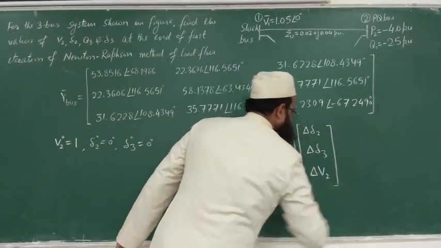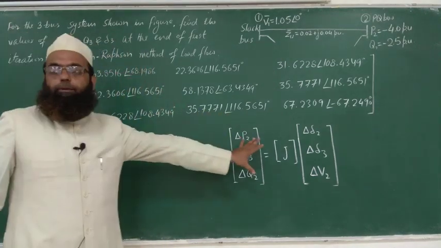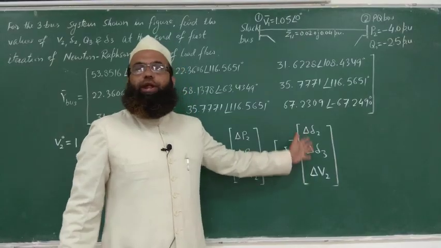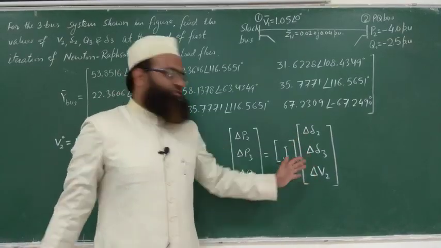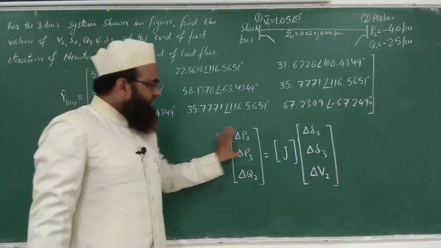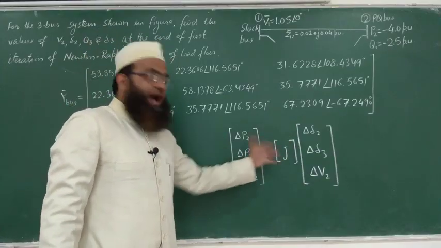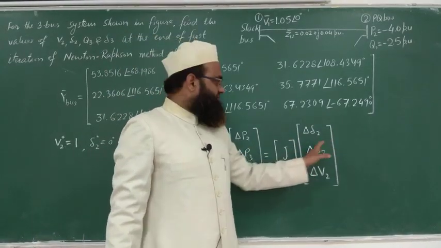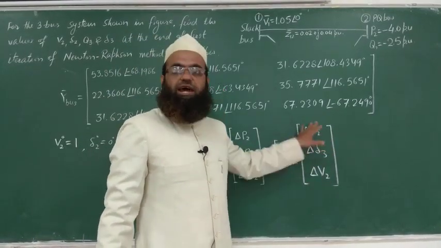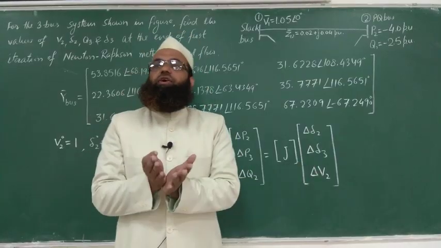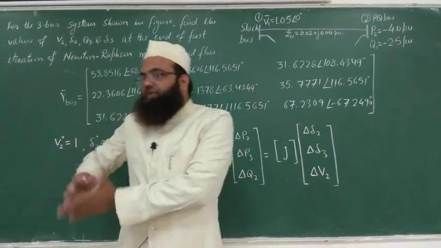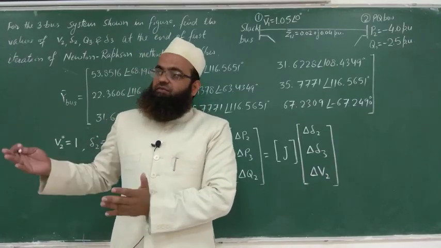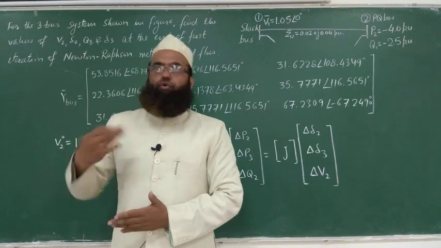Understand? Using this relation, we will try to evaluate the values of the corrections corresponding to the variables. First we need to evaluate this, then this, and using these two matrices, we will evaluate this. Once these corrections are evaluated, they will be added to the previous iteration values of the corresponding variable, and thus variables will be updated in each iteration.